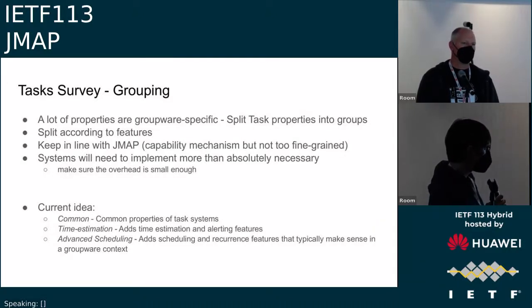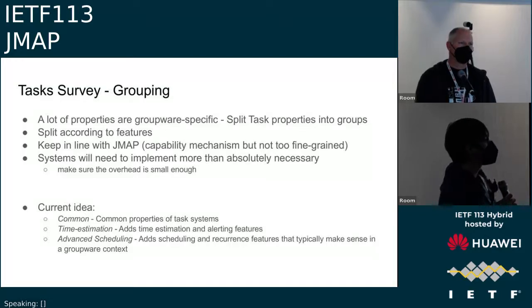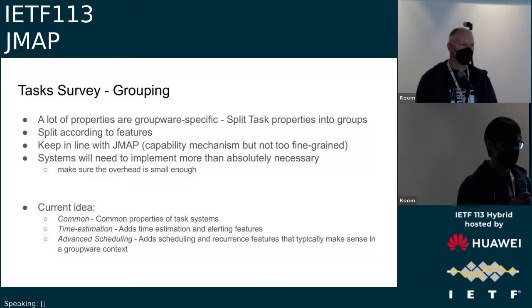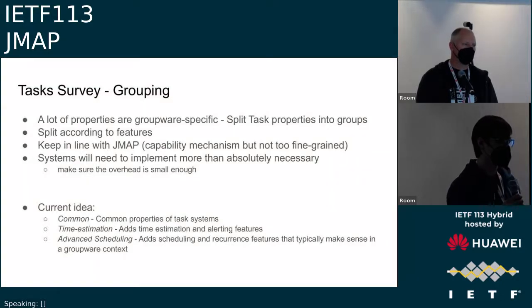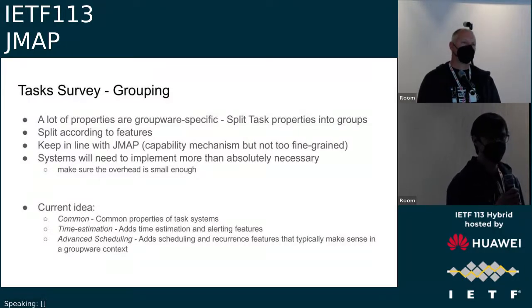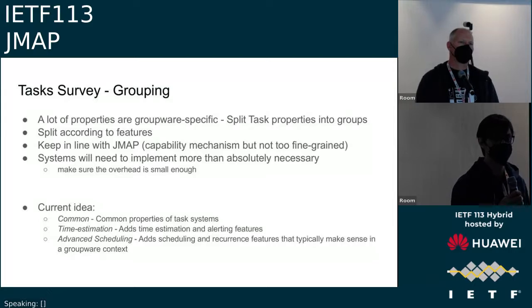So the way I understood it, if you have a server that implements the whole JS Calendar spec, and it tells you with its capability that it's able to understand it, then you expect it to understand all the properties, even though they're optional or not. You can just leave out the optional properties. But yeah, it's basically a capability thing.